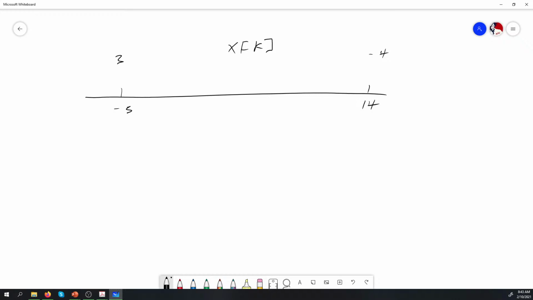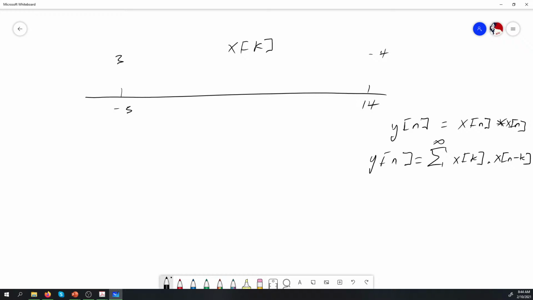Now the reason why I'm saying x of k, y of n here for the convolution, is because we're going to be convolving the signal with itself, x of n star x of n, and this basically would be such that y of n is equal to the summation towards infinity of x of k multiplied by x of n minus k, where we actually do this with respect to the convolution equation.